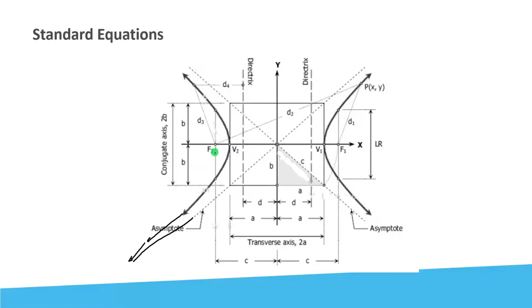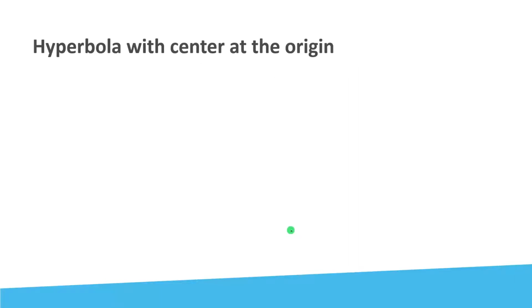But the distance c shall be measured from the center of the hyperbola. So here's your center. These are your vertices. That's why your c is not measured here, but it is measured from the center, right here.